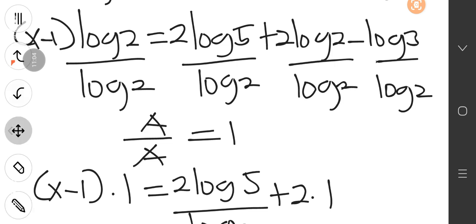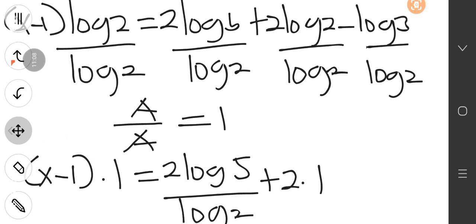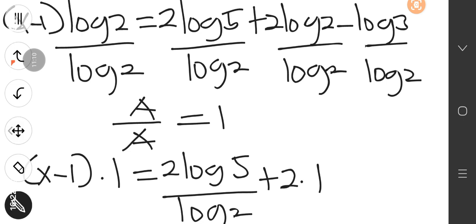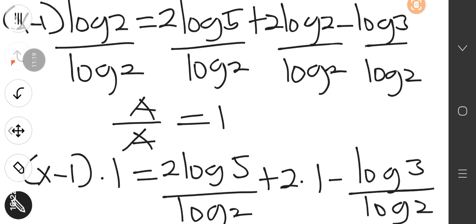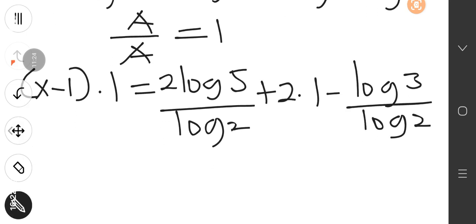So let's proceed. Minus log 3 over log 2. So this is what you have. Now the equation becomes x minus 1 in a bracket times 1, which will give us x minus 1.